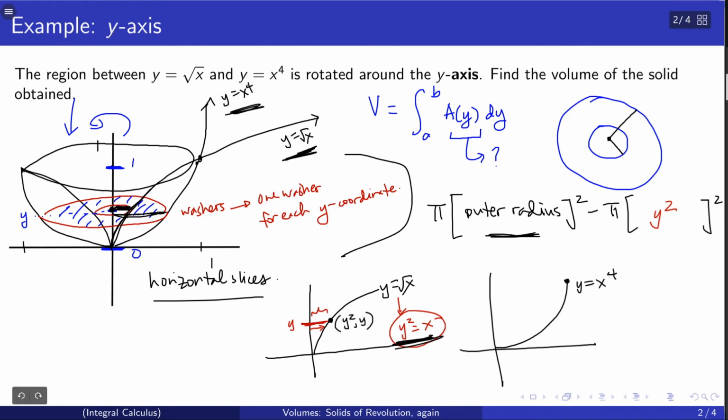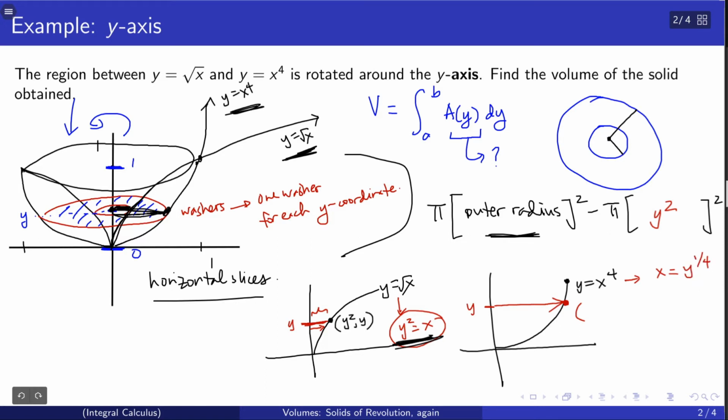Again, for this larger radius going to this curve outside, you can do the same thing at a specific y coordinate. You're computing what the corresponding x coordinate is. Well, okay, y equals x to the 4th power. We're in the first quadrant.